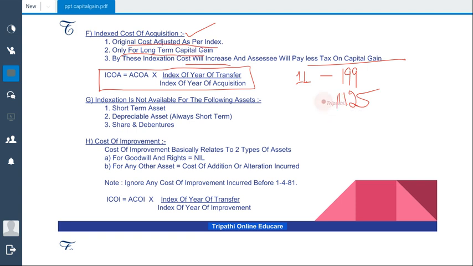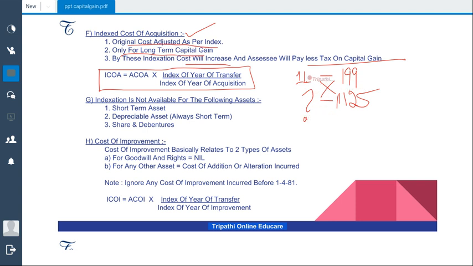Right? So now what we are supposed to do is find out the index cost of acquisition. How? By cross multiplication. So you will have to cross multiply. 1 lakh into 1125 divided by 199 will give you the index cost of acquisition.